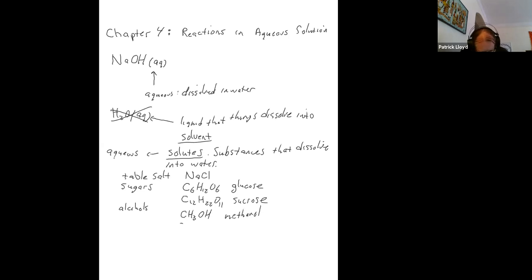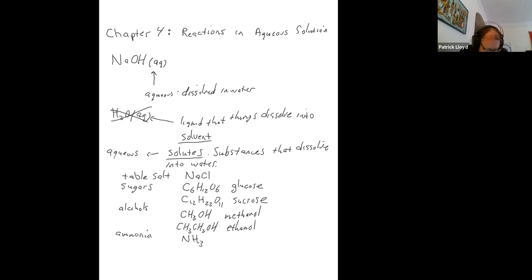And then there's ethanol. That also dissolves into water. So, some salts dissolve into water, like sodium chloride, and sugars dissolve. Let's see, what else? Ammonia dissolves into water, right? Ammonia is NH3, that dissolves into water.